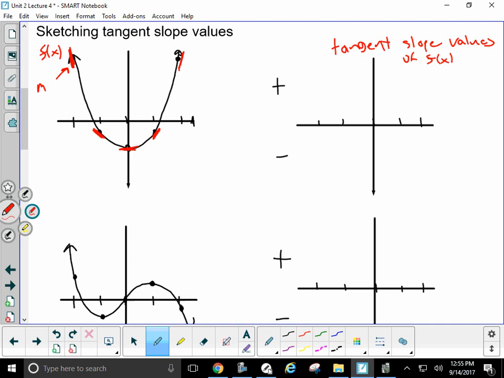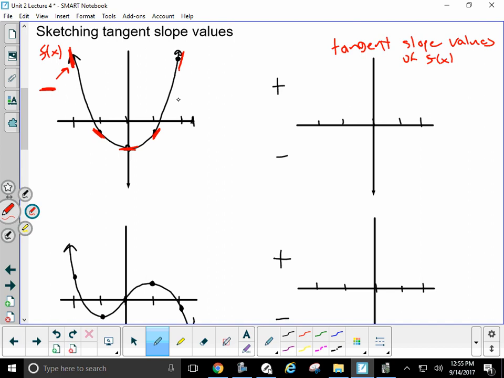Go. Steep negative, right? Very large negative. All right, we would see that this would be a negative value, a large negative value, right?